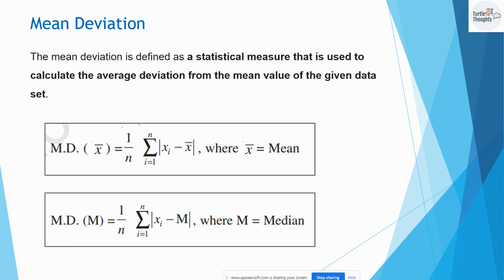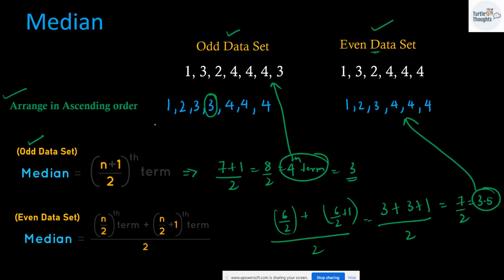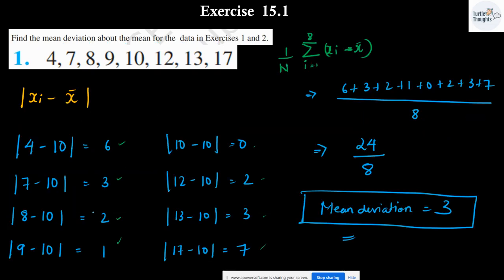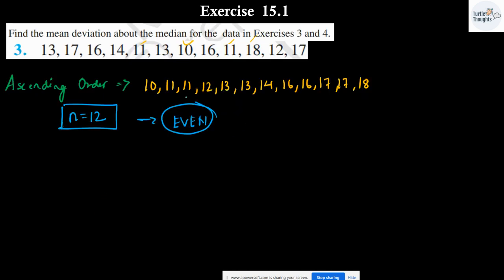It is going to be the average of the two terms, the n divided by 2 term and the n divided by 2 plus 1 term. So n is going to be 12, so I will be getting the 6th term and the 6 plus 1 term.